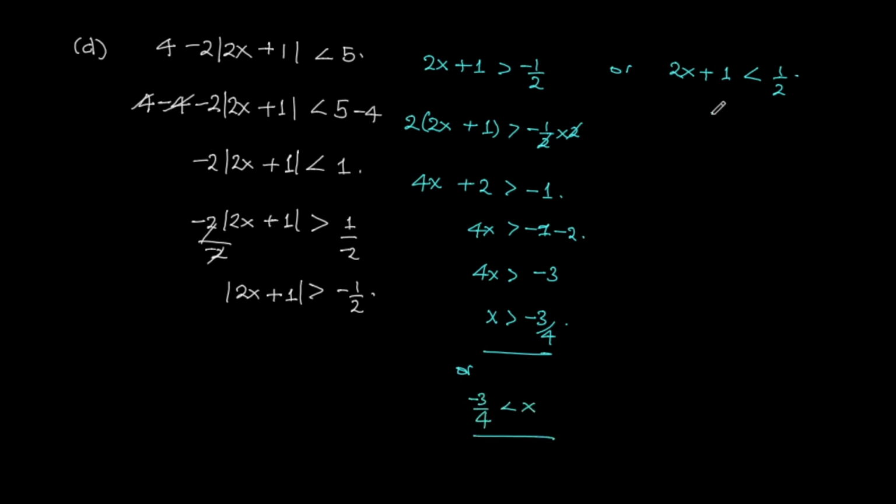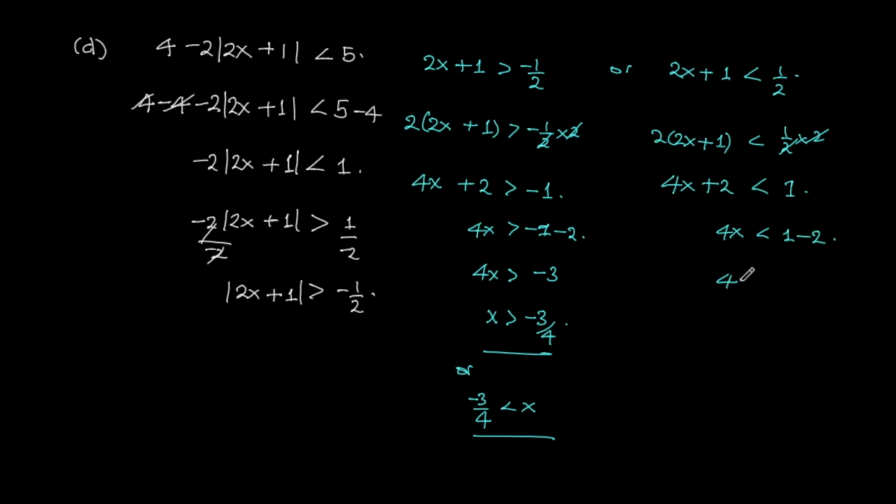So solving the next one, we do the same way, multiplying both sides of this inequality by 2. We also have 1/2 from the right side multiplied by 2, and this one goes to 1. Opening up the bracket, we have 4x plus 2 is less than 1. Then collecting like terms, we have 4x is less than 1 minus 2.